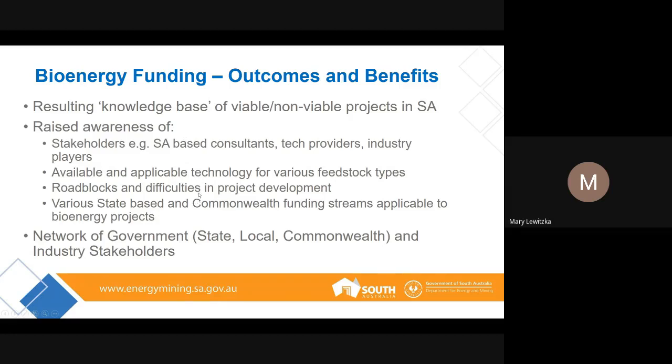So we also raised awareness of who the stakeholders were, for example, South Australian-based consultants, technology providers, industry players, available and applicable technology for various feedstock types, highlighted roadblocks and difficulties in project development, highlighted various state-based and Commonwealth funding streams that were applicable to bioenergy, which we were able to pull together instead of people having to look around and hunt around for on various websites.